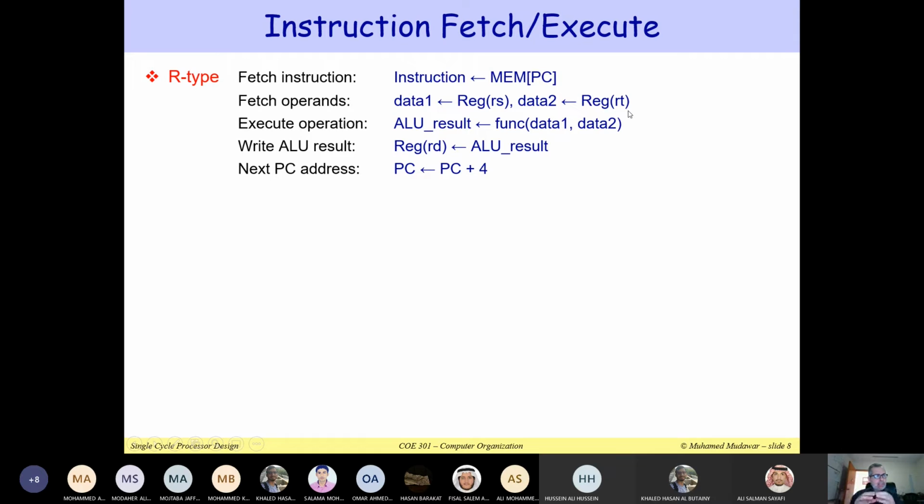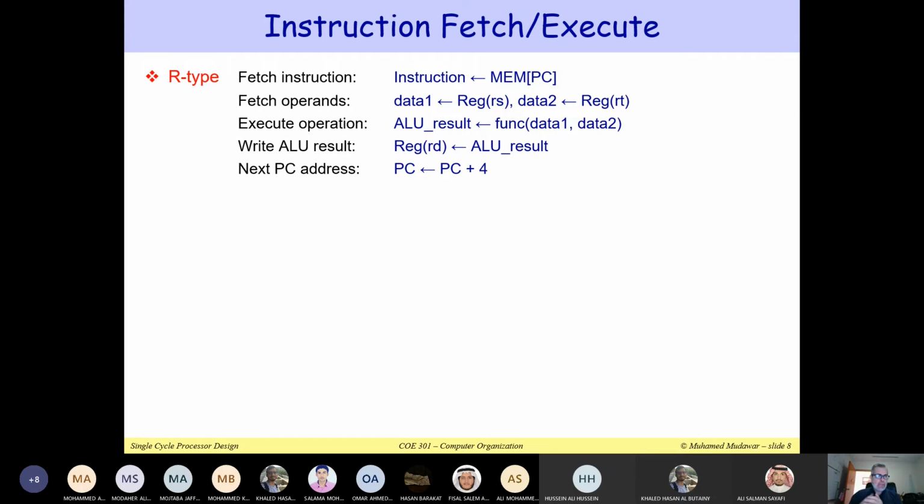The instruction can specify any two source registers. The register number is stored inside the instruction, but data 1 and data 2 are 32-bit values. These are the values that we are going to read from the register file. The register file contains all the general purpose registers, and we need to read two.